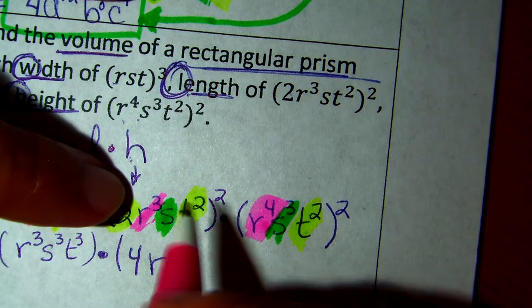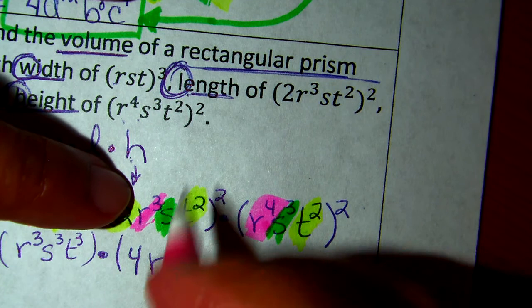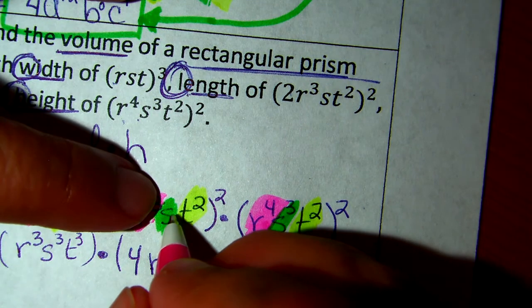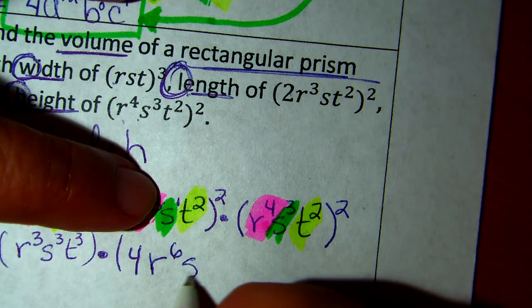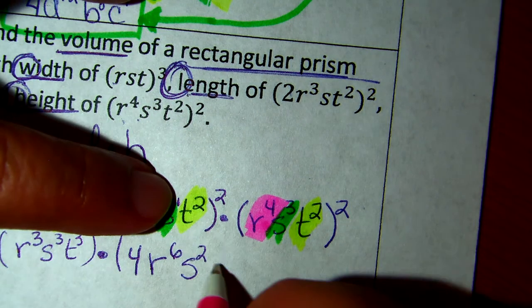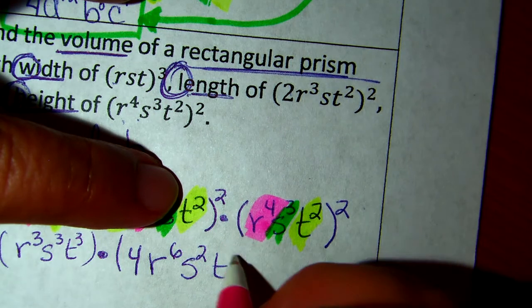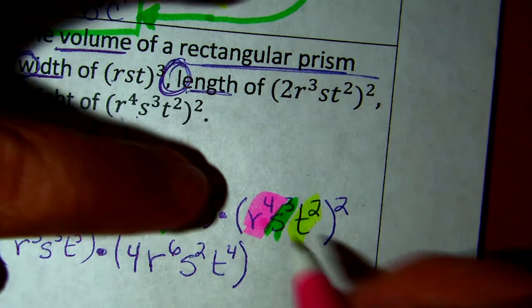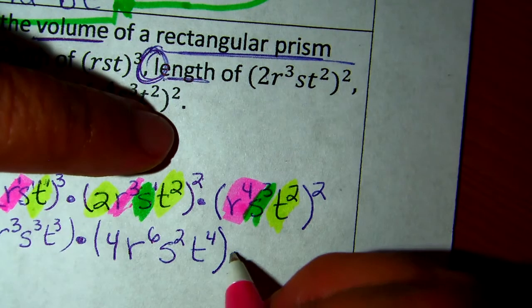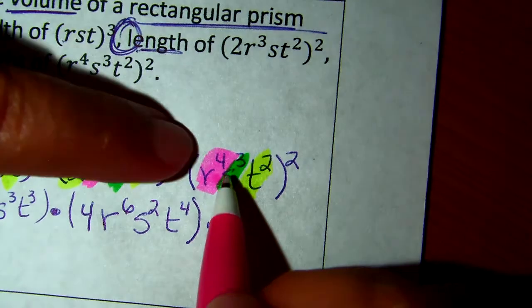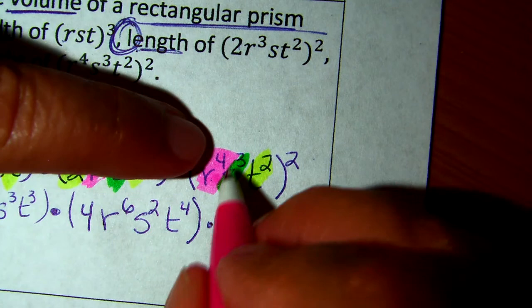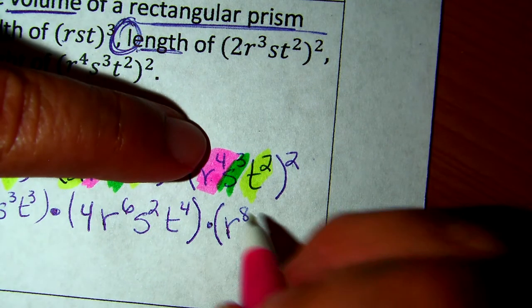Then let's go with the R. 3 times 2, 6. Now the S has a power of 1. So 1 times 2, 2. With the T, 2 times 2, 4. Now let's do this one. Okay. R, 4 times 2, 8.